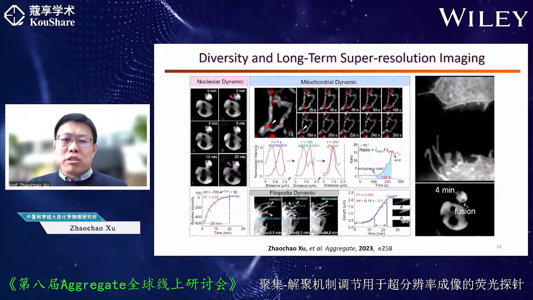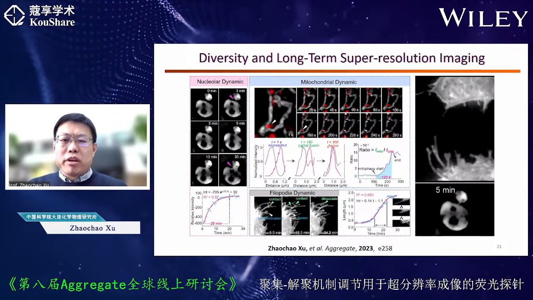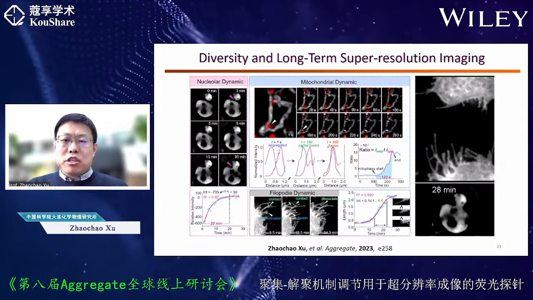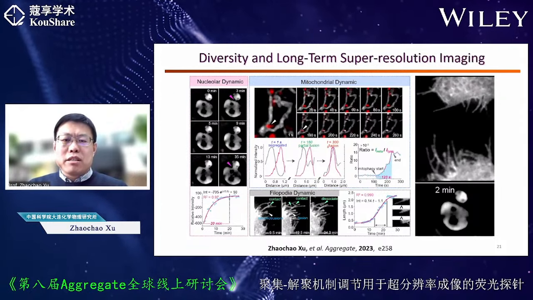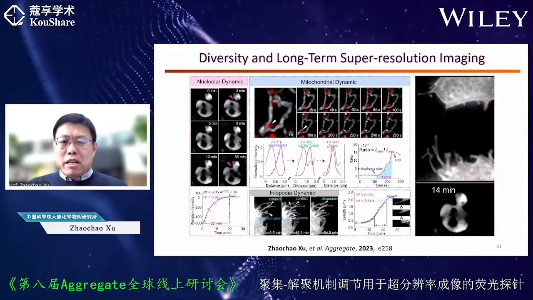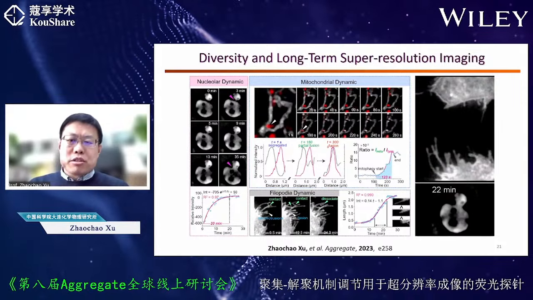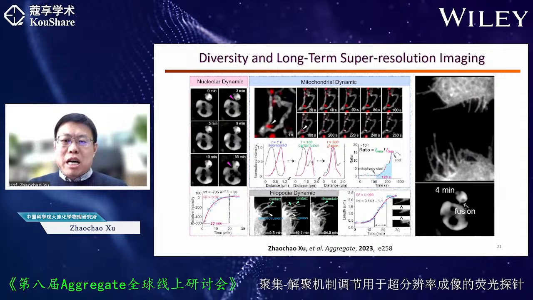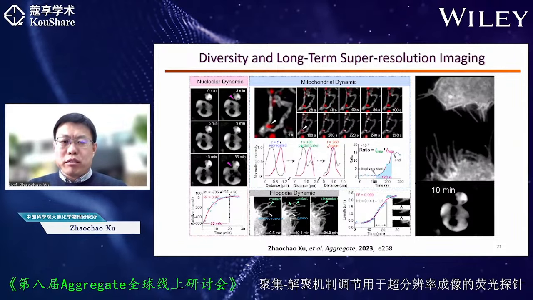We also monitor dynamic behaviors of mitochondria, revealing dynamic changes in the mitochondrial cristae, interaction between the mitochondria, and the entire process of mitophagy. We also monitor the entire fusion process of the nucleus, revealing the time rate of nuclear fusion.